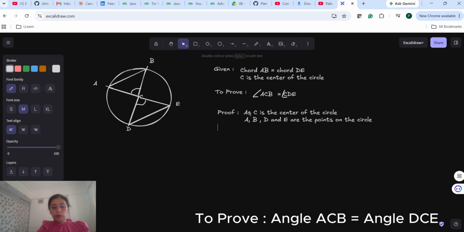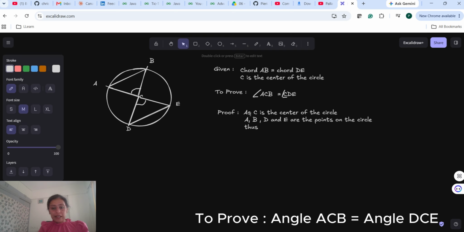So what did we learn about the property of the circle? Any line joining the center of the circle to a point on the circle is called the radius of the circle. At every point on the circle, it will be of the same length, which is the radius of the circle.